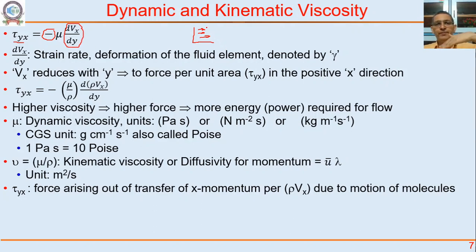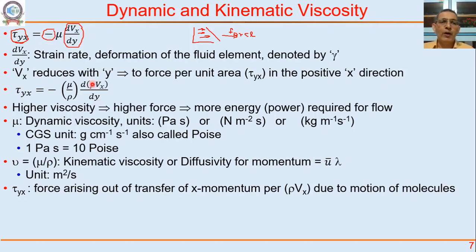The slope is like this. dVx by dy is the slope of this line, and the slope of this line is negative, and this force is in the positive x direction. That's the force on one layer. Correct? So therefore this negative sign is coming: whenever that velocity gradient is negative, the force is in the positive x direction. That's why that negative sign is coming.